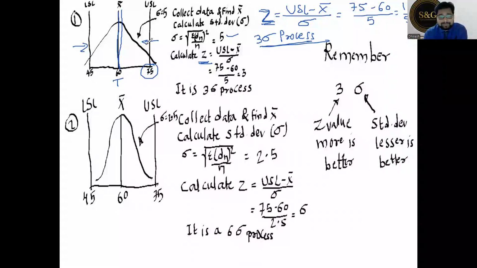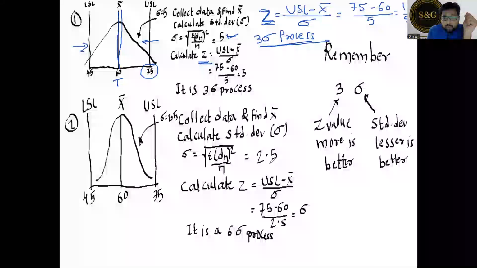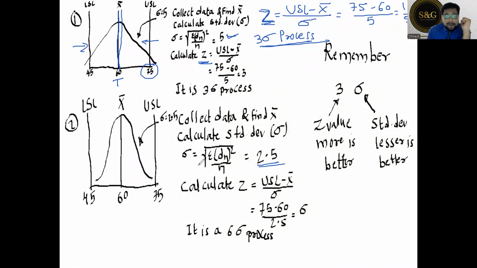Very simple. Clear? Now, if I do a 6 sigma project on this and reduce my standard deviation, imagine from 5 I reduce my standard deviation to 2.5. My upper specification and my mean remain the same, 75 and 60.